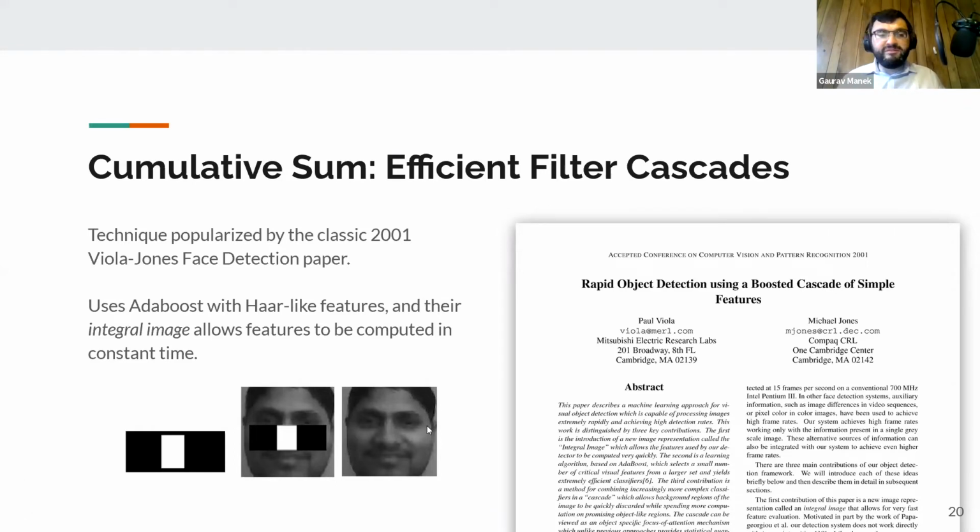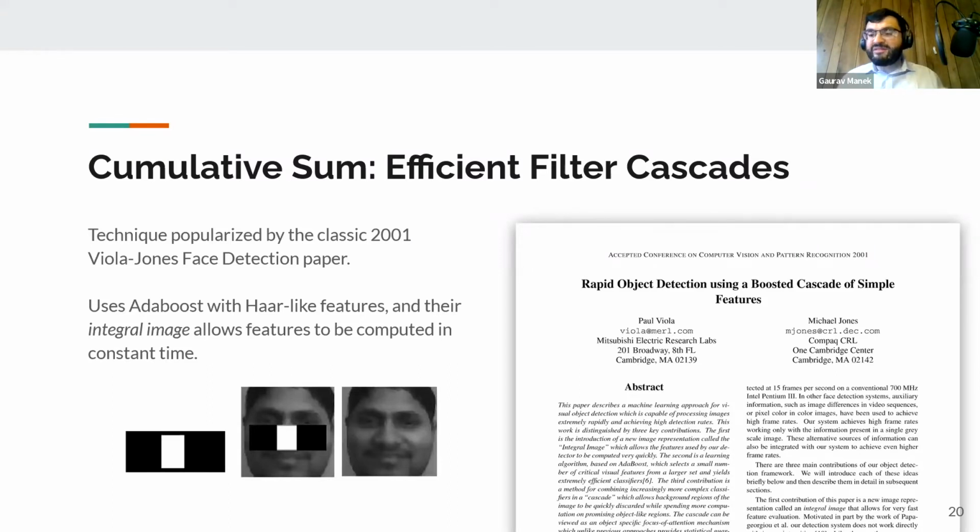So instead, what Viola and Jones did back in the old Mitsubishi Electric Research Lab and Compaq Research Labs, stuff that was long gone before my time, unfortunately, is they pre-computed the cumulative sum across the entire source image. And that way they could compute the filter response at any one position in a constant number of operations.